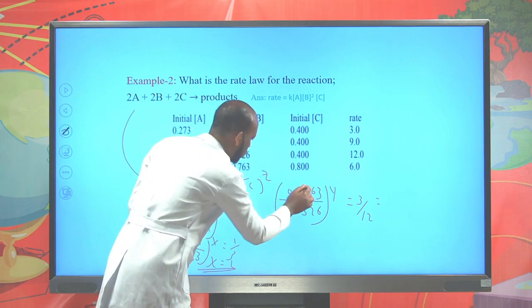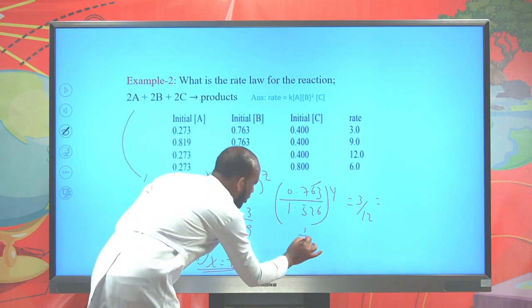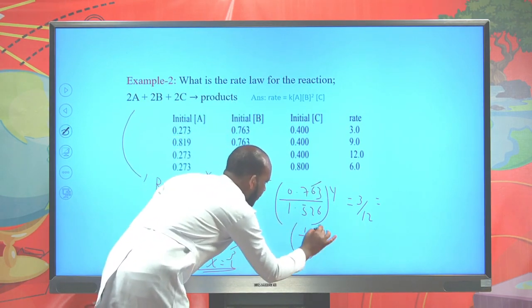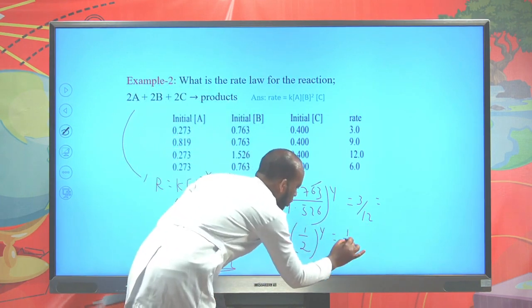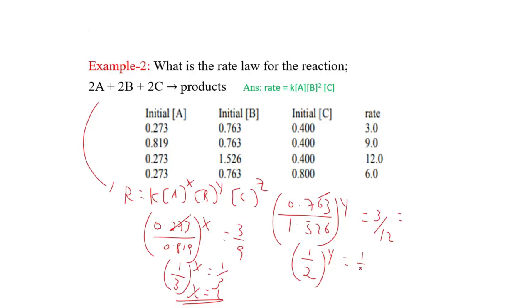This is 1 over 2 to the power y equals 3 over 12, which is 1 over 4, or 1 over 2 to the power 2. From this, y equals 2. The value of y is 2.